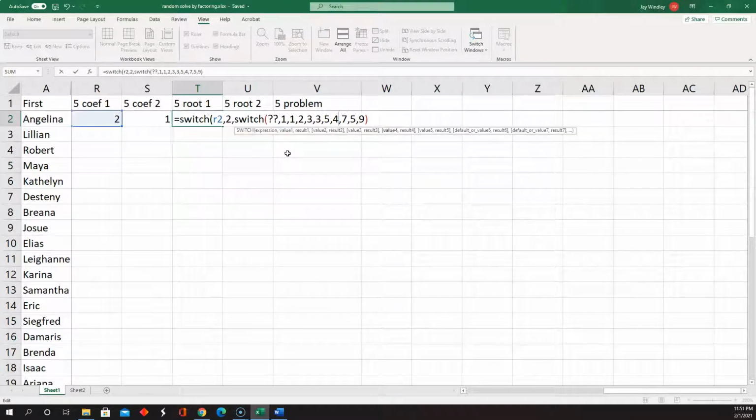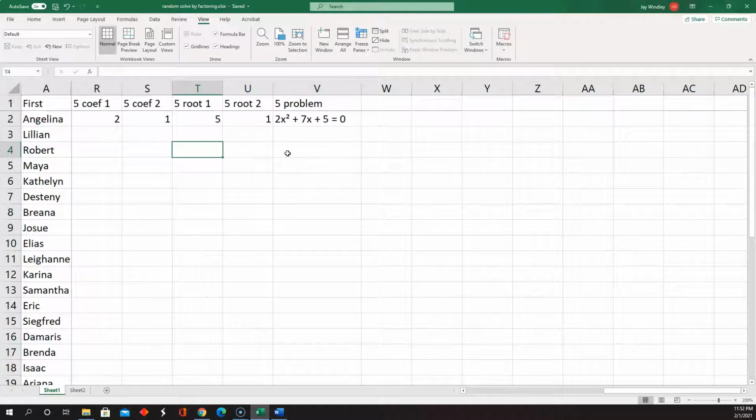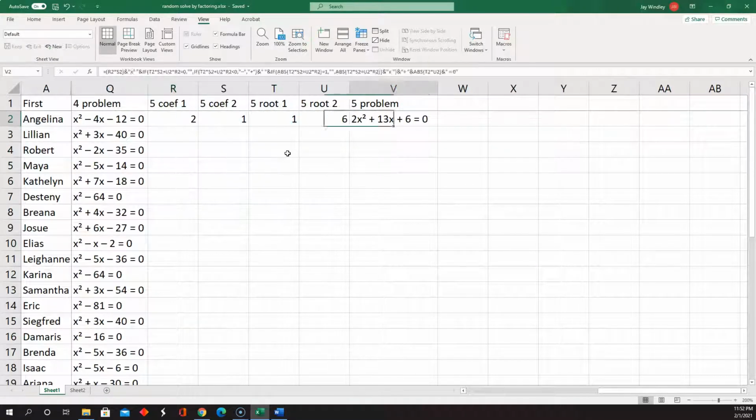So I want to be able to choose a 1 or a 3 or a 5 or a 7 or a 9. So I've got 5 possibilities there. So I'm going to pick a rand between 1 and 5. And then this is going to end there.